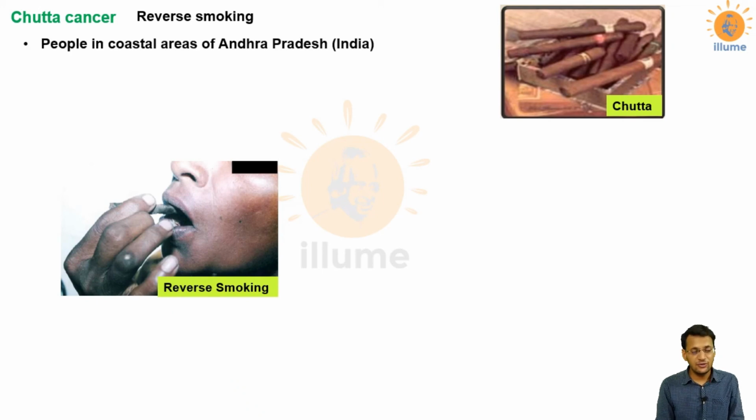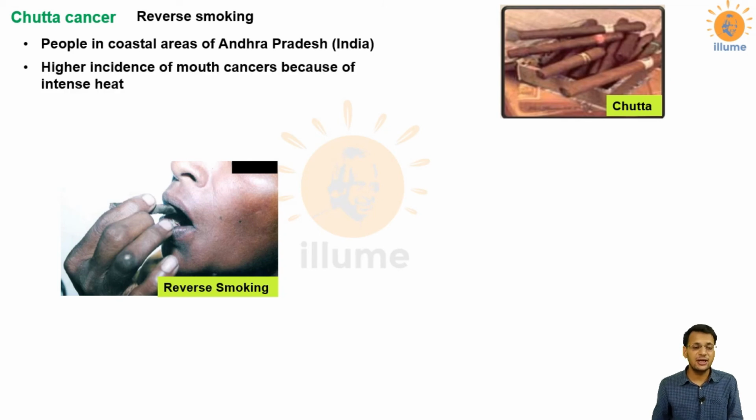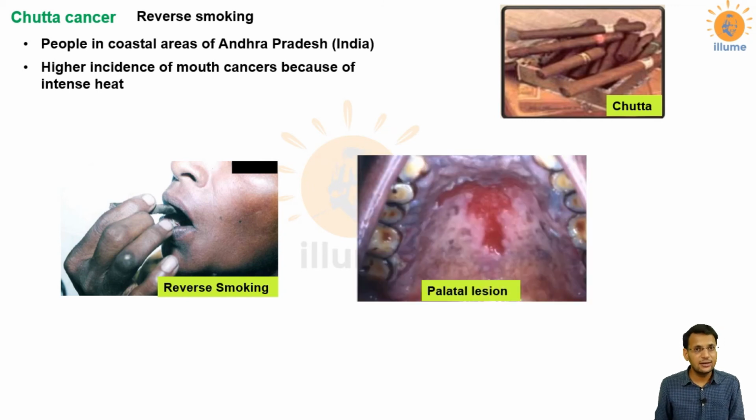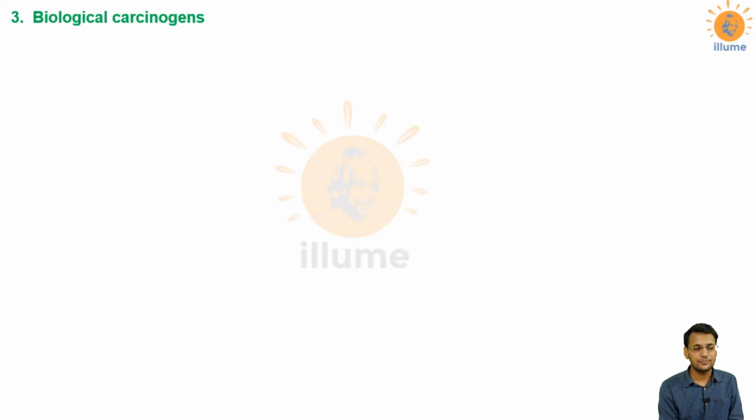This is called reverse smoking, and it is seen in coastal areas of Andhra Pradesh in India, and that's why there is a higher incidence of mouth cancer because of the intense heat associated with it. In this figure you can see clearly a palatal lesion associated with cancer on the palate of a patient who was addicted to reverse smoking. This kind of cancer is called Chutta cancer because of the Chutta used in reverse smoking.